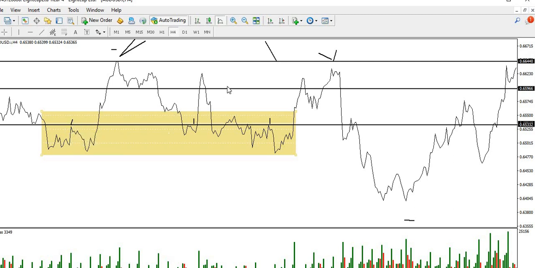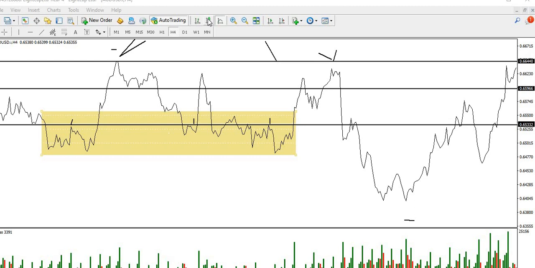These are the touches on the zone area, in the consolidated area where it was creating complications for the traders, for my students to identify the zones. So simply shift to the line chart. Whenever you are having complications, it is difficult for you to identify or recognize the zone, simply move to the line chart and there you will get your answers.